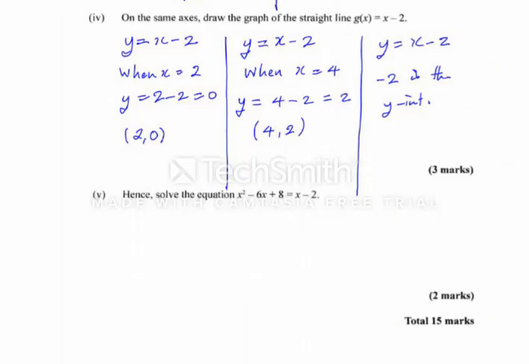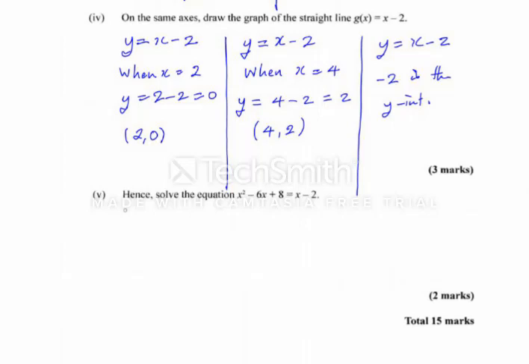So what we just did was to draw the line y is equal to x minus 2, which is the solution to part IV of the question. Now we're at the last part: hence solve the equation x squared minus 6x plus 8 is equal to x minus 2.